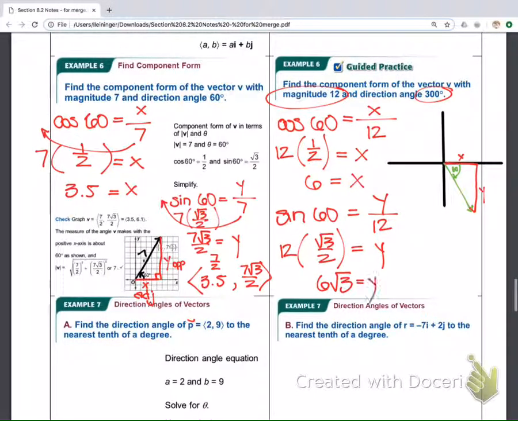However, in my answer, because I'm in the fourth quadrant, I'm going to make it 6 and negative 6 root 3. So this would only be a non-calculator problem if you give us one of those reference angles. If I give you something that's not one of those reference angles, then it would have to be on a calculator section. Okay. Does it make sense why we made the y negative?